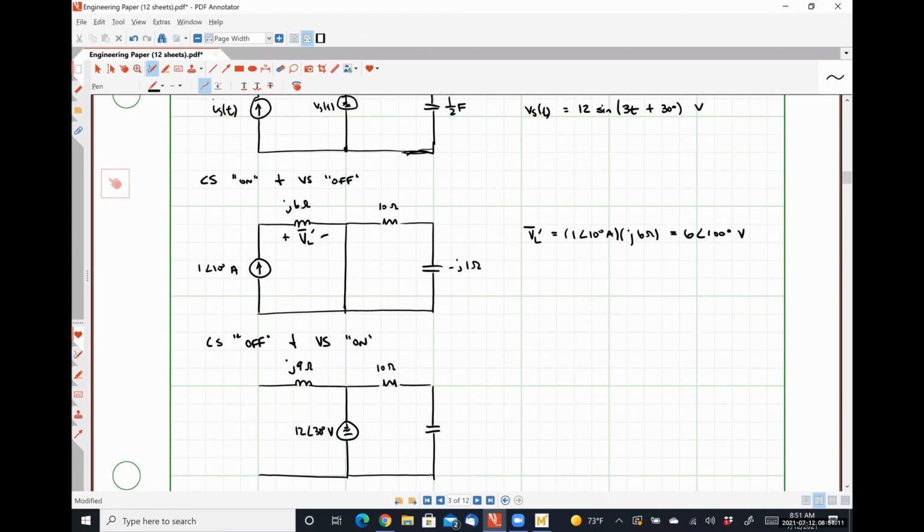Here's my capacitor, which should look like j2/3 ohms. I think, 3/2, yeah, so 2/3. Yep.